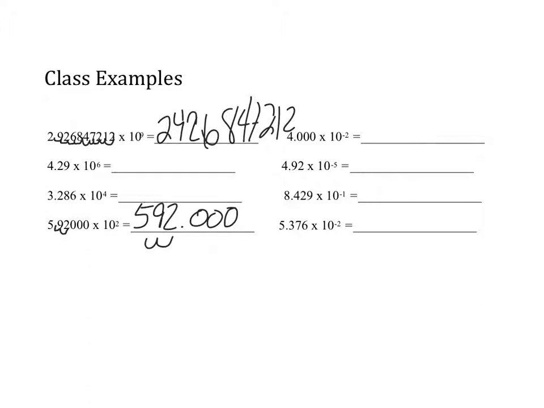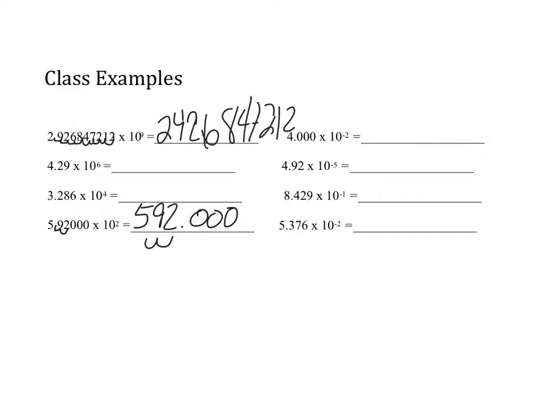If you're dealing with a negative exponent, remember, negative exponent means you're really dividing by 10. I know it says times 10, but a negative exponent means when you actually do the math, you're actually dividing by 10. So let's look at the third one down for just a second. 8.429 times 10 to the negative 1. Times 10 to the 1 means you're moving it 1 time.